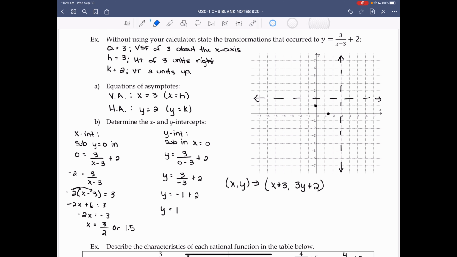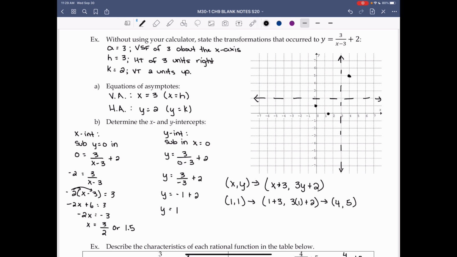If we put in the point 1, 1 to our mapping notation, we get 1 plus 3, and then 3 times 1 plus 2, which gives us 4 and 5. So (4, 5) is on the function.